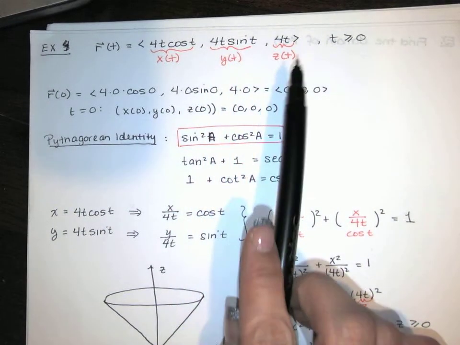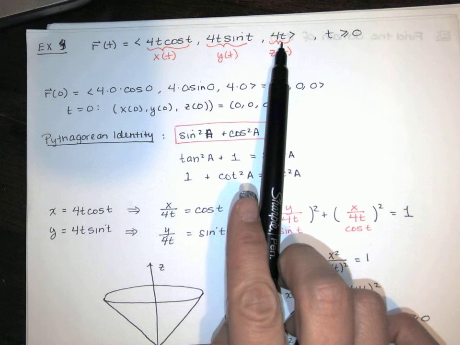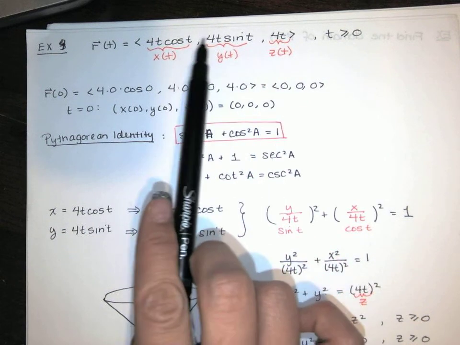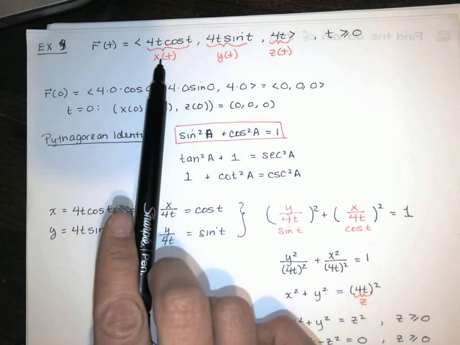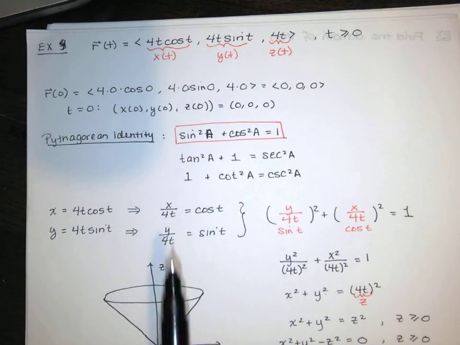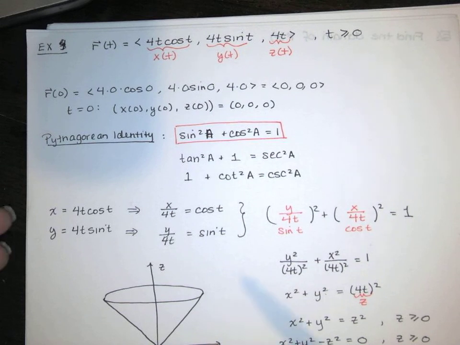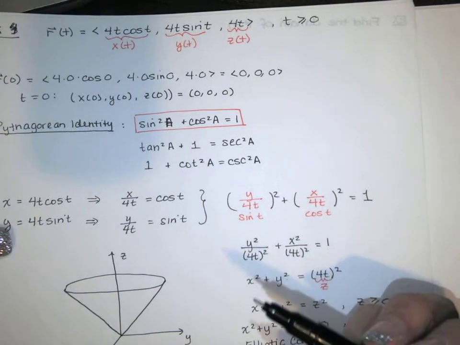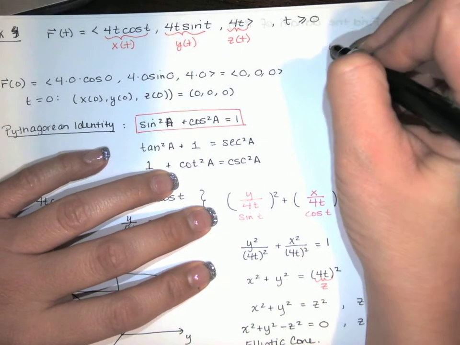Well, as t increases, z increases. And we're going up in the x direction and y direction following these parametric equations. Just to get some sense of what's going on, I think I'm going to substitute in some values of t and then see if we can graph it and see what's happening.